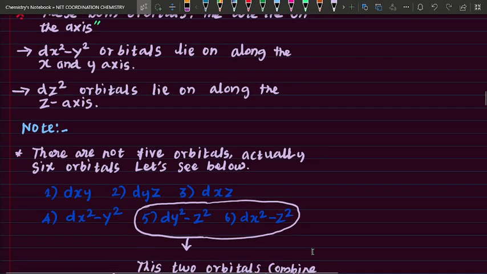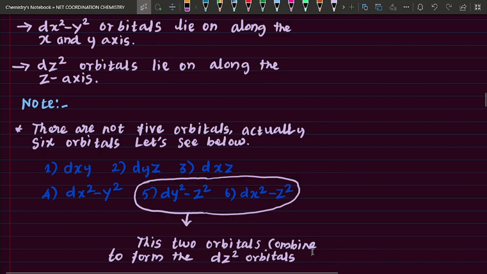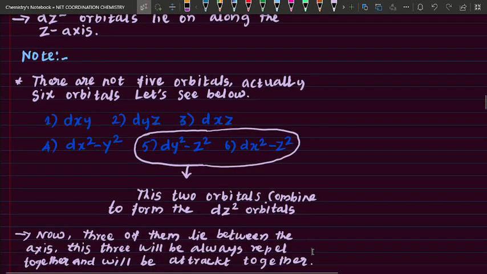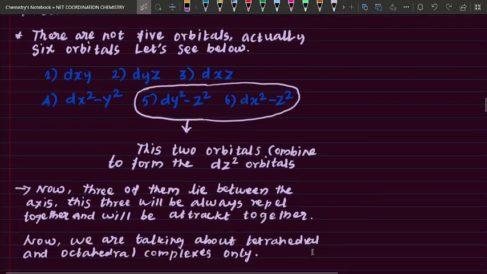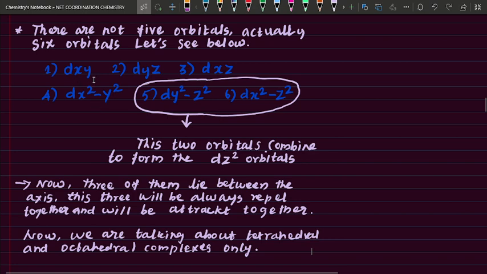Please note, there are not 5 orbitals, actually 6 orbitals. Let's see how. First one, dxy, dyz, dxz, dx square y square. Fifth one, dy square z square.